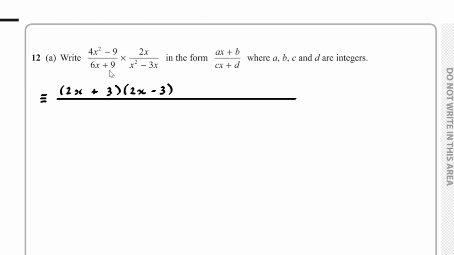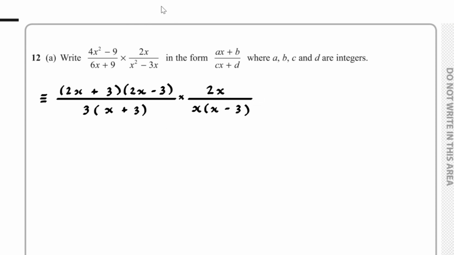And the 6x plus 9, we can factorise out a 3, so I've got 3 times x plus 3. And then I am multiplying this by 2x over x squared minus 3x. Well, the x squared minus 3x, I can factorise out an x, leaving me with x times x minus 3. And on the top, I've got the 2x.